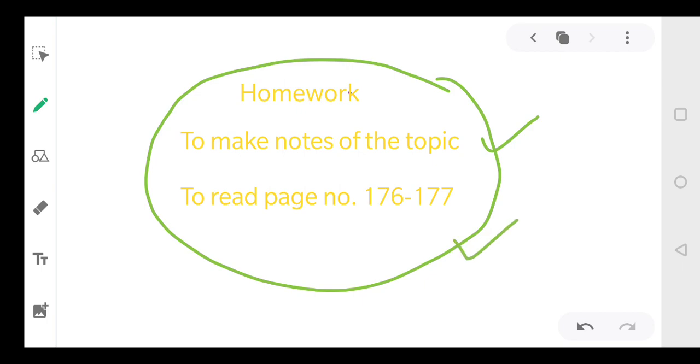Secondly, you will read page numbers 176 to 177 and underline all the definitions on these pages. Okay, dear students? Use a blue sketch pen to highlight your definitions, all your important points, and the headings, right? Then only your homework is complete.